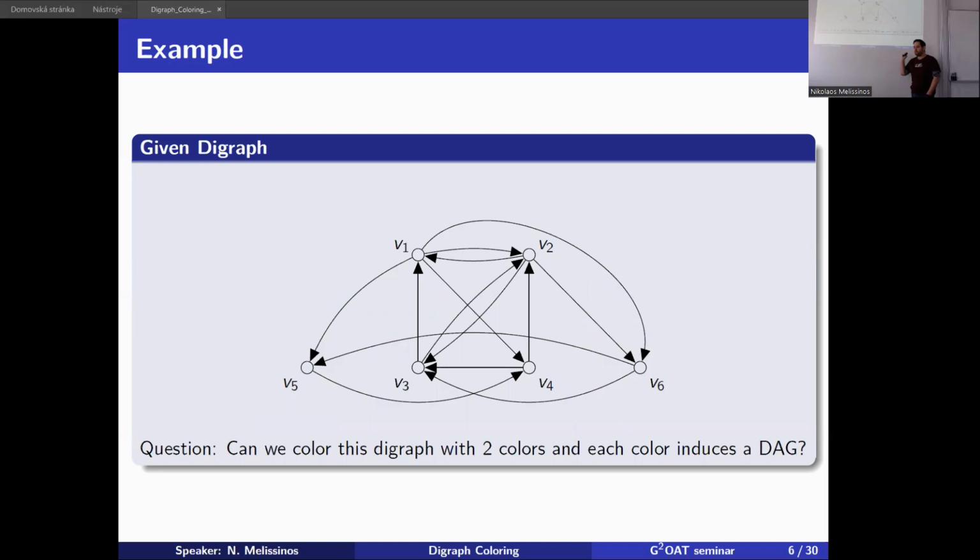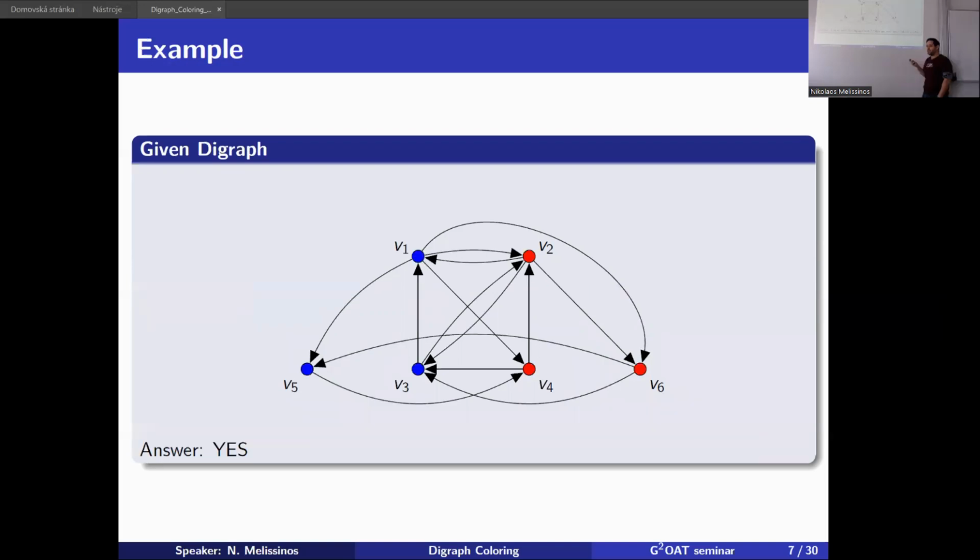And if I give you some time, you're going to realize that this is 2-colorable, because we can color the vertices on the left side with blue and on the right side with red. And you can see that the blue vertices give us an acyclic graph. The same with the red vertices. Hopefully this makes clear what the problem is.